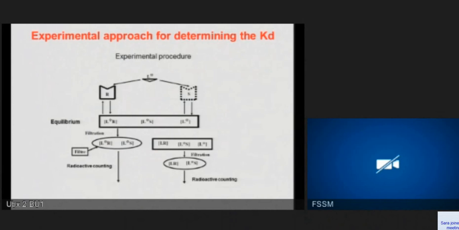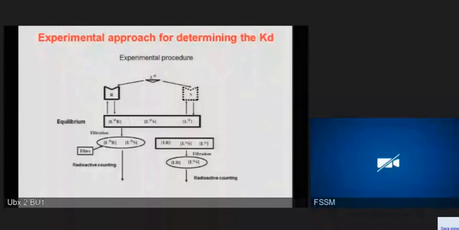You understand? Okay, so we have here the total binding.